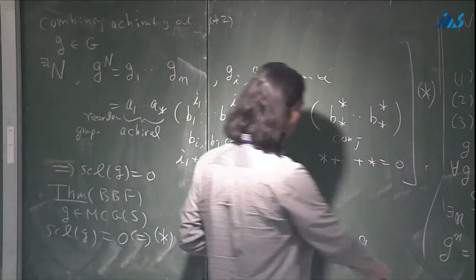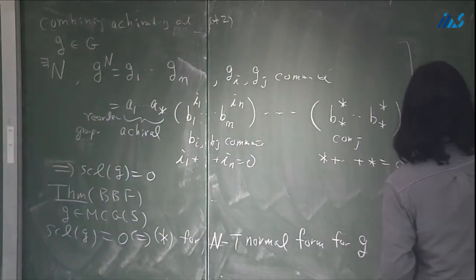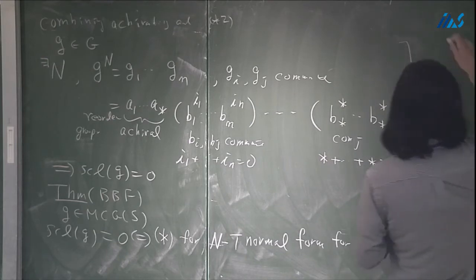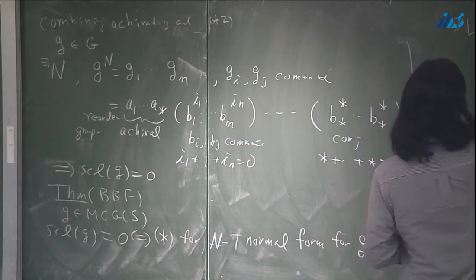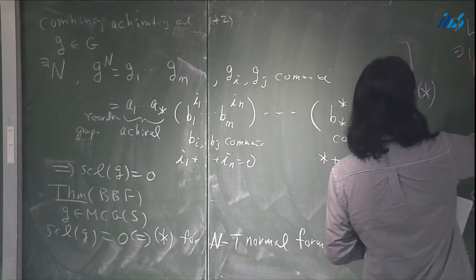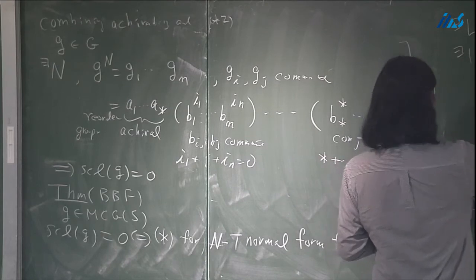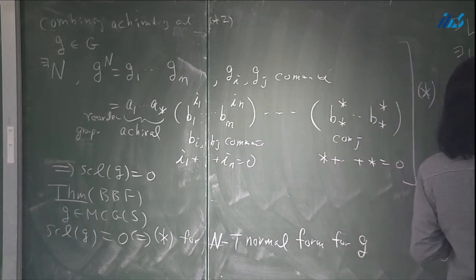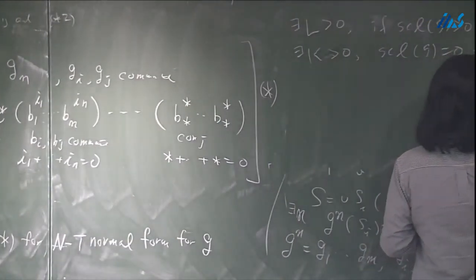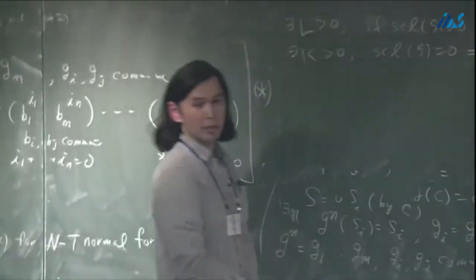And moreover, there exists L, so that if stable commutator length is positive, then it's at least L. And also there exists K, such that if stable commutator length vanishes, then actually commutator length is bounded.